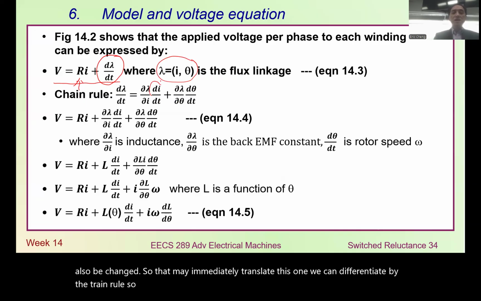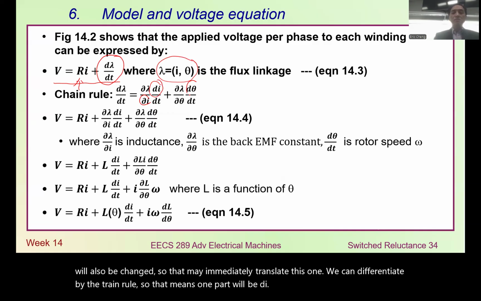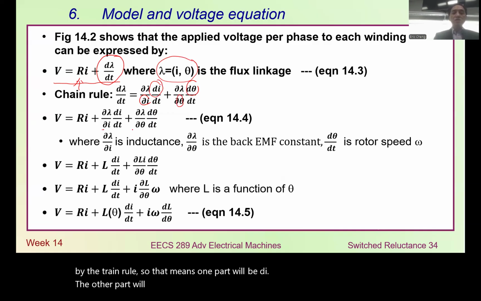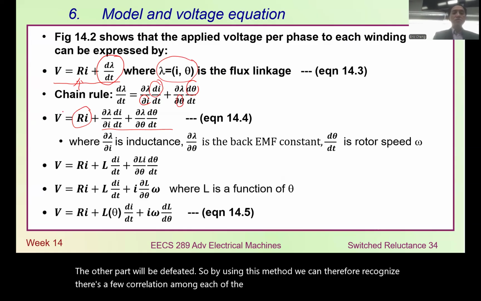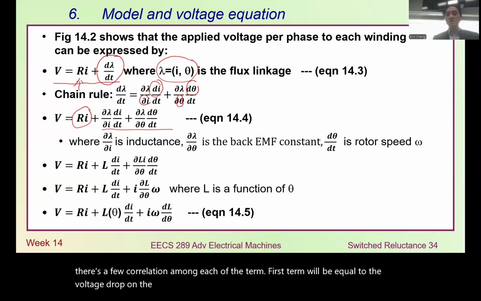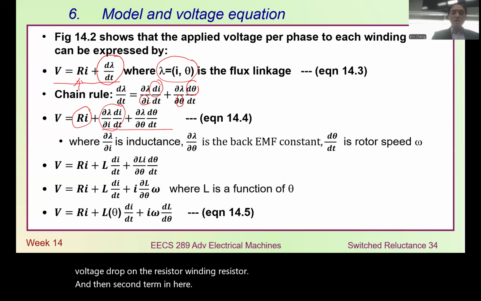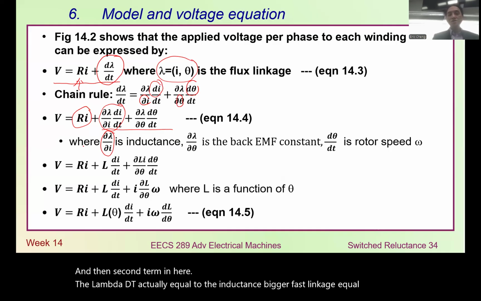One part will be di, another part will be d theta. By using this method, we can recognize a few correlations among the terms. The first term will be equal to the voltage drop on the winding resistor. And then the second term in here, d lambda dt, actually equals the inductance, because flux linkage equals Li, which also involves the inductance.